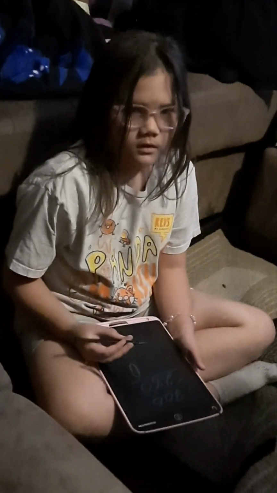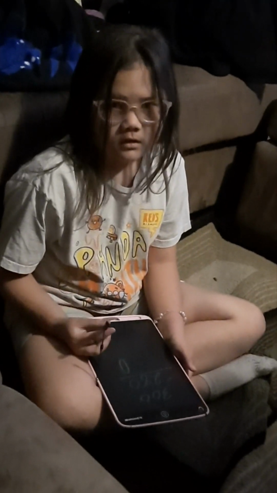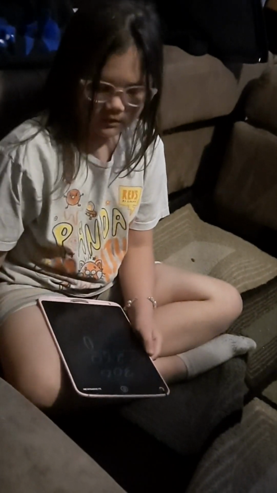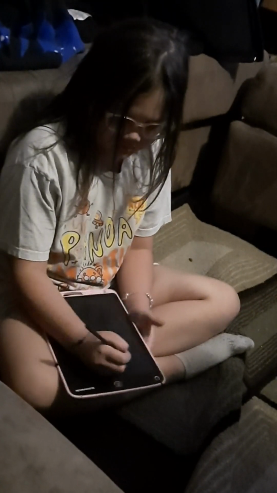Okay. All right, it's 300 minus 280. Okay, so start over. 0 minus 0, right? Okay, so now you have 0 minus 8, which you can't do, right? So you turn the 0 into a 10. So just put a 1 in front of it, just real small, up at the top corner, turn it into a 10.